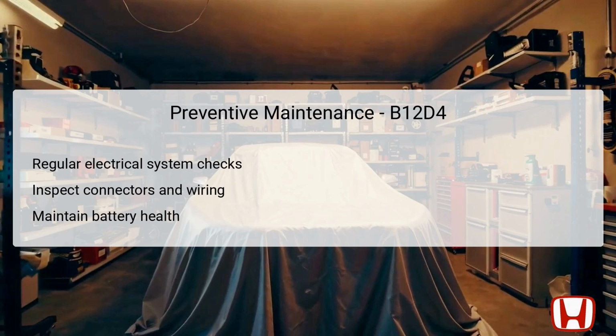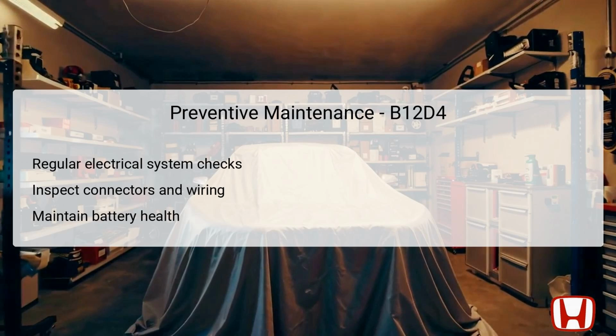Periodic inspections of the wiring system and connectors can help identify any wear or potential points of failure before they escalate into severe issues. Regularly maintaining battery health is equally critical, as a weak battery can lead to electrical problems, affecting various modules and the starting system.